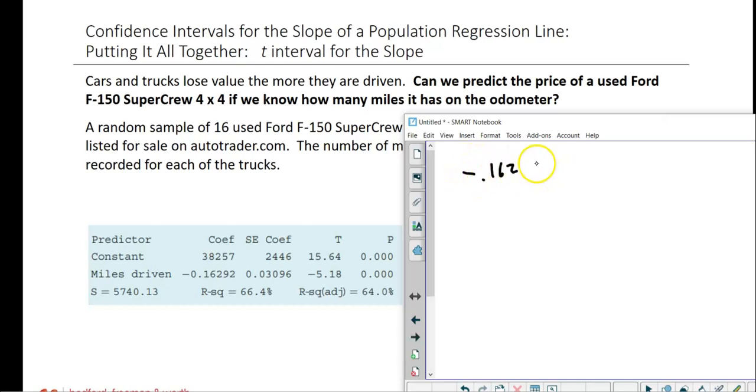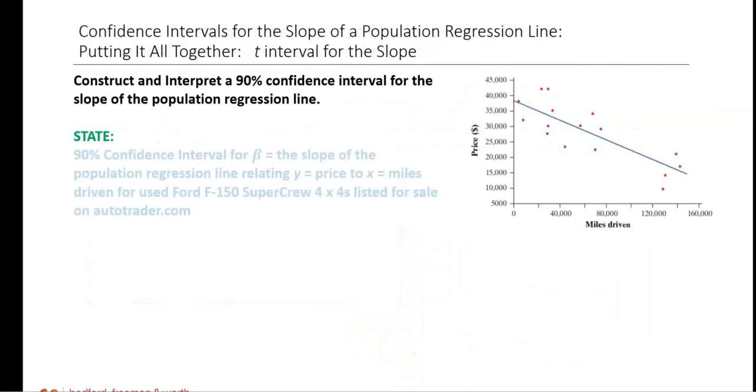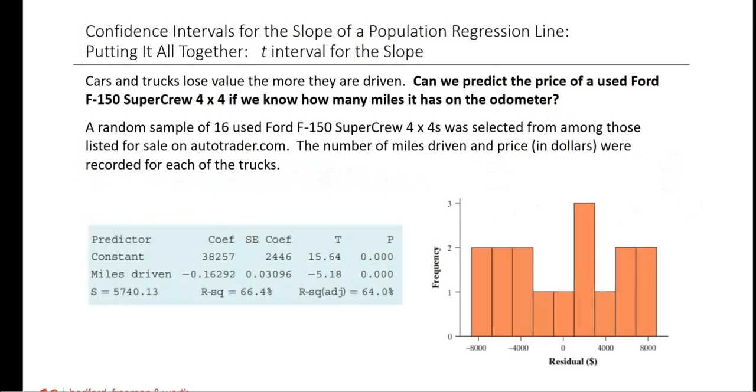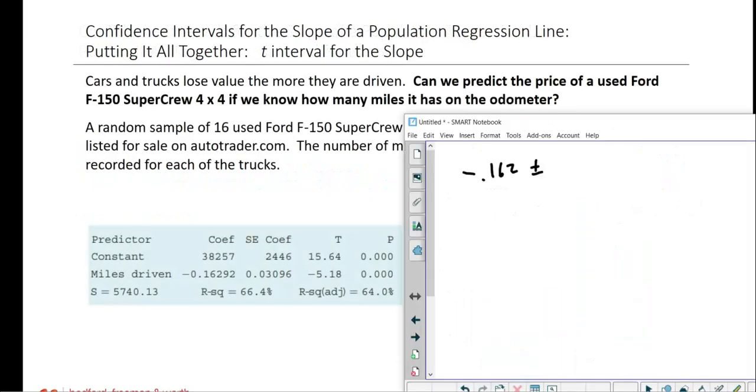0.162 plus or minus the t critical value. I forgot what the confidence level was, 90%. So 90%, if you kind of draw that, 0.9 leaves 0.05 in each tail, so inverse t of 0.95, and degrees of freedom is 16 minus 2, which is 14.